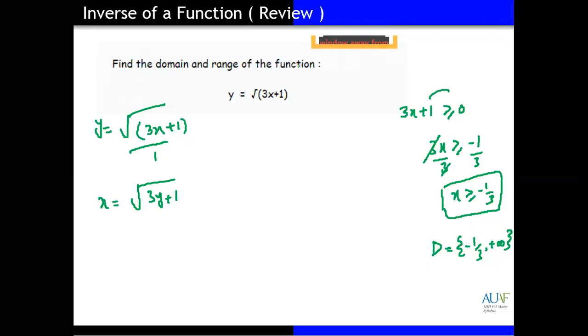First we need to remove the square root. How can we remove this square root? Taking the square on both sides.